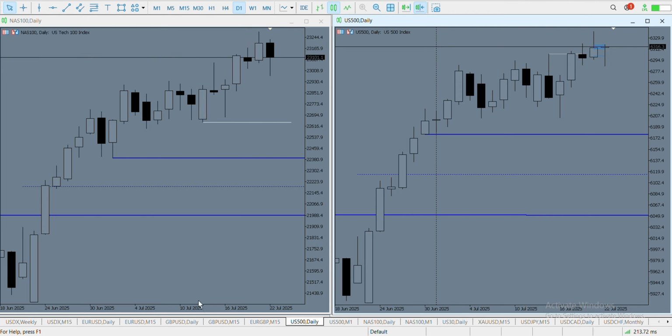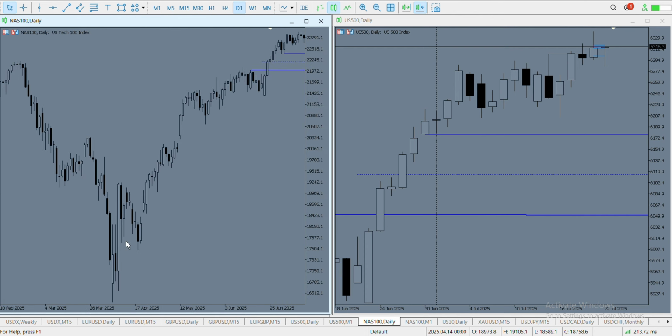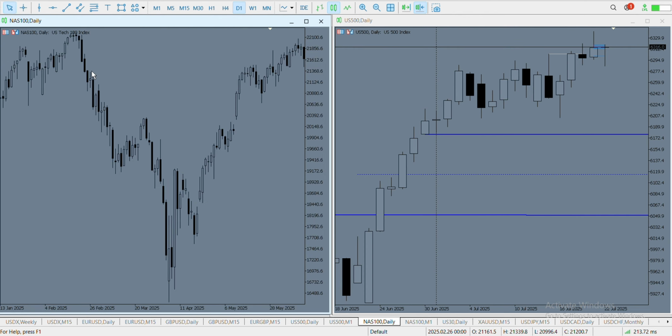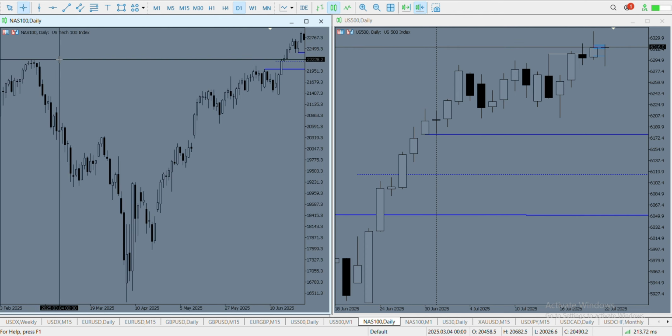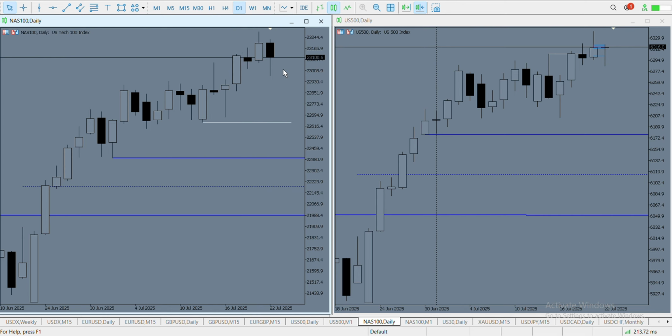This is a very strategic point in price, because we've been trading from these lows to these highs. We went above this all-time high, and currently we're trading at new all-time highs above 23,000. The all-time high right now is 23,282, and that was yesterday's high.